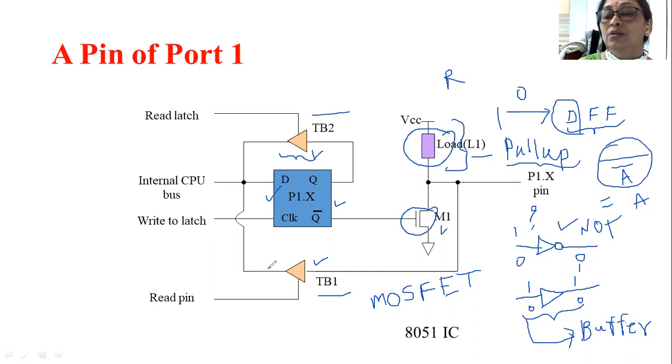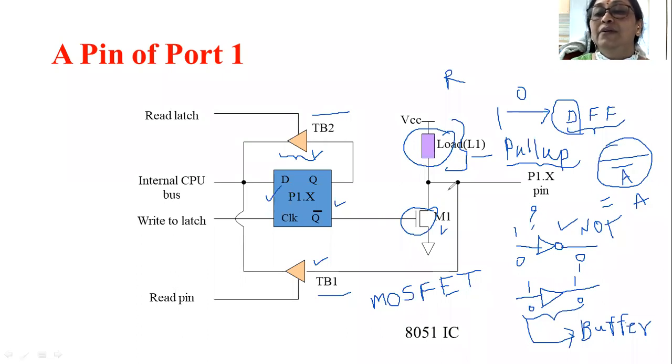This logic 1 will be changed only when you change the inputs of the particular device. If you change the input to 0, then and only then the output will become 0.